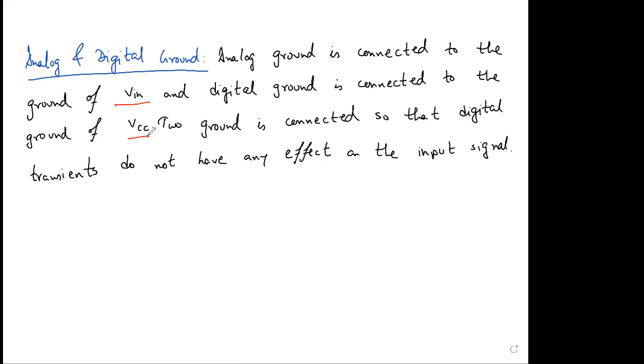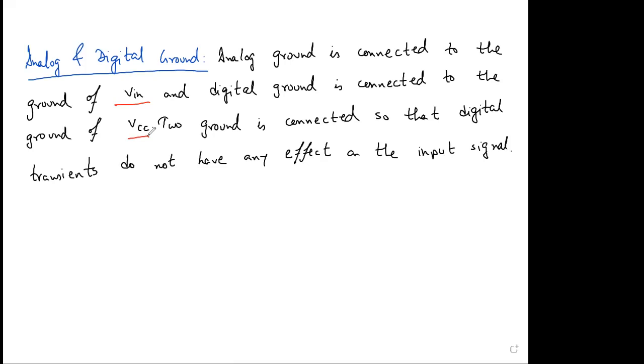The thing is, whenever we convert an analog signal to digital signal, we often get transient voltages. Okay, transient voltages are voltages which remain active for a very short period of time. They are basically like voltage spikes. So whenever we convert that, if our grounds are not separate, then these transient voltages or digital transients can affect your input analog signal.